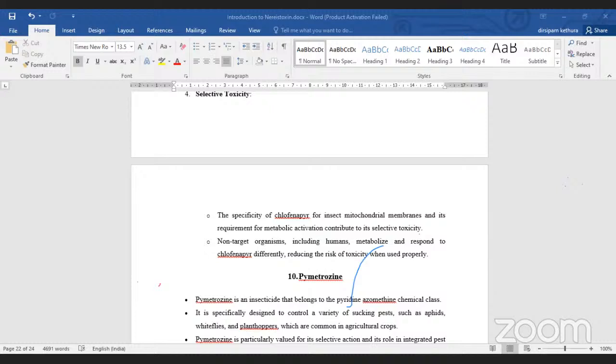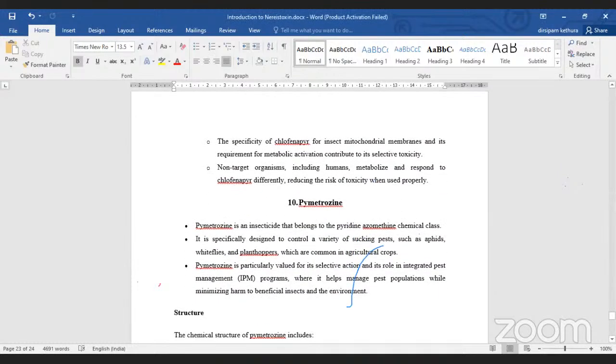And it acts on mitochondrial energy production after it gets activated. When it acts on mitochondrial energy production, it disrupts the ATP, which leads to the death of the organism due to energy depletion. This is what we have studied under chlorfenapyr.